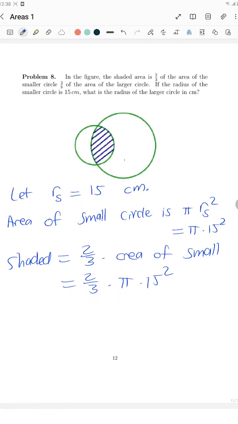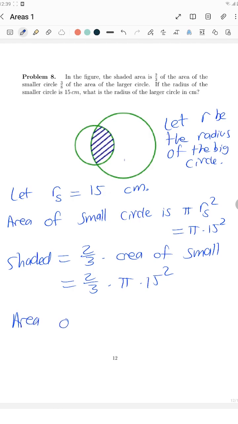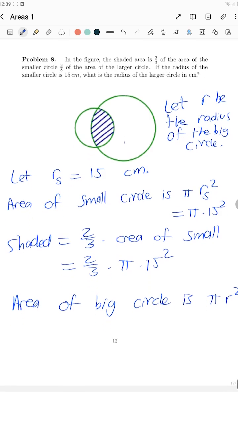All right. Let R be the radius of the big circle. So that means that the area of the big circle is pi radius squared.